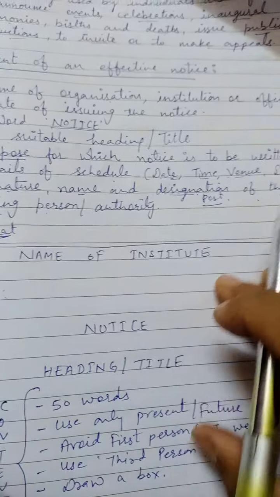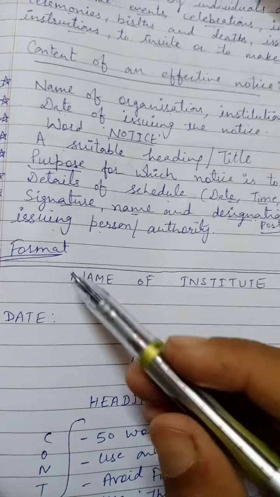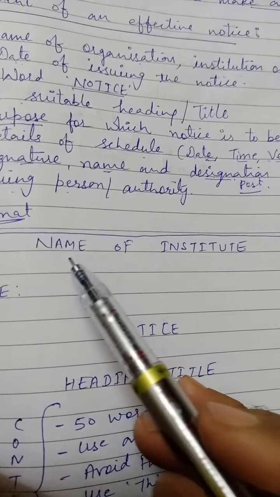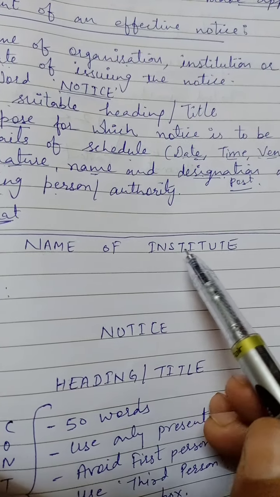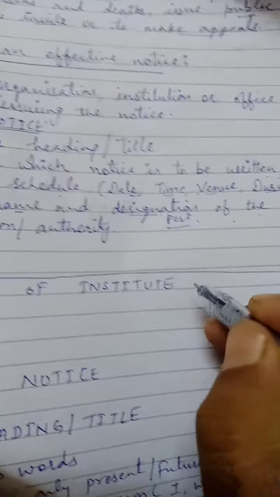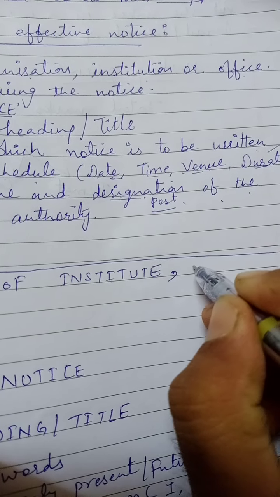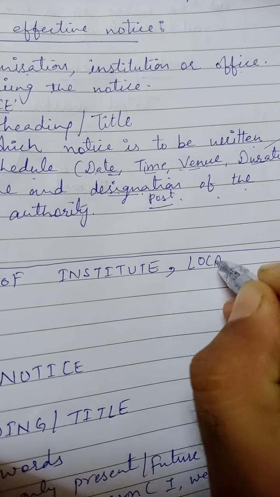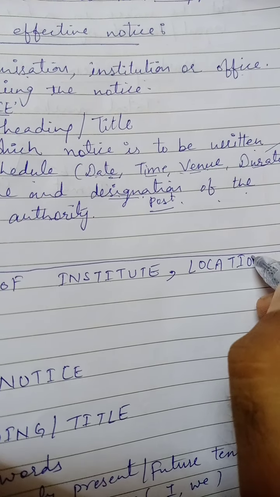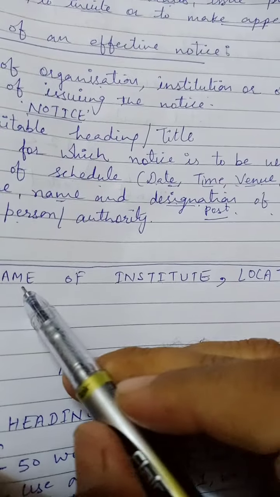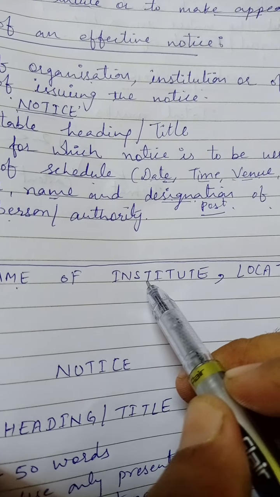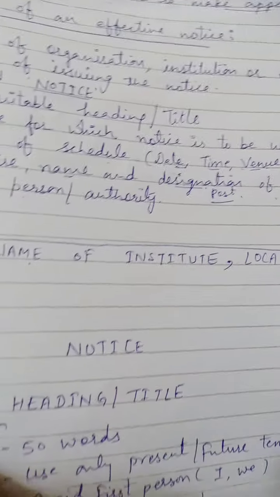Now come to the format of the notice. First of all, the name of the institute, then put a comma and write down its location. So name of institution or institute, comma, then location.